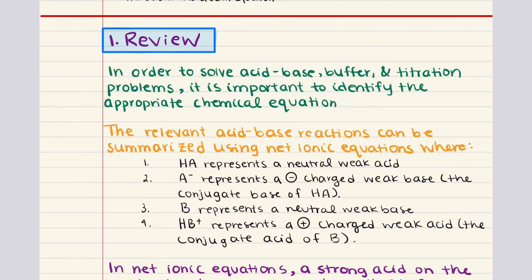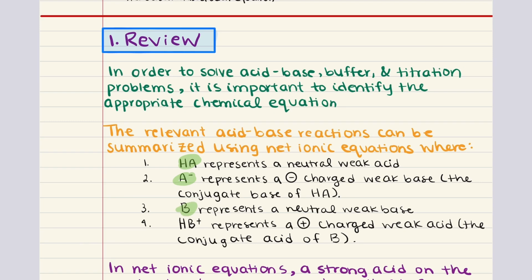So let's walk through the key species we're going to encounter in these reactions, starting with HA. HA represents a neutral weak acid. A- represents the negatively charged conjugate base of HA.